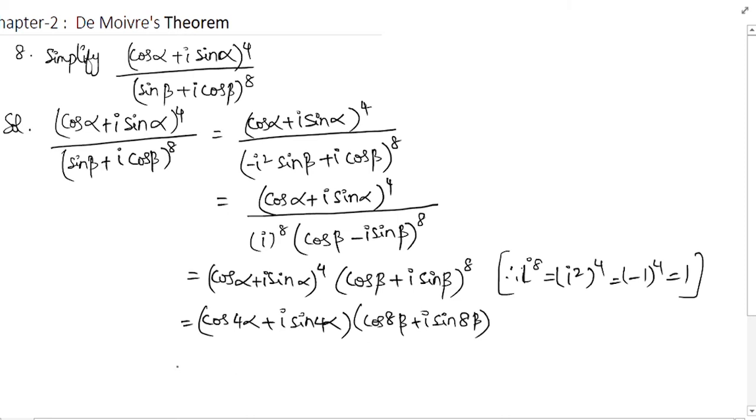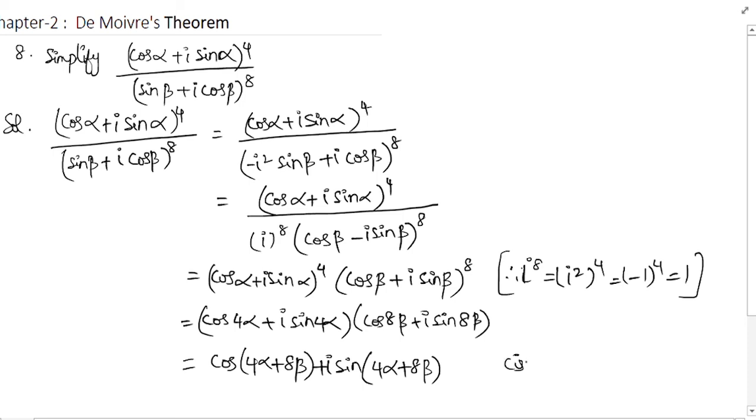So you have to remember this formula because we are using it in almost all the problems. So now this will be equal to cos of (4 alpha plus 8 beta) plus i sin of (4 alpha plus 8 beta).